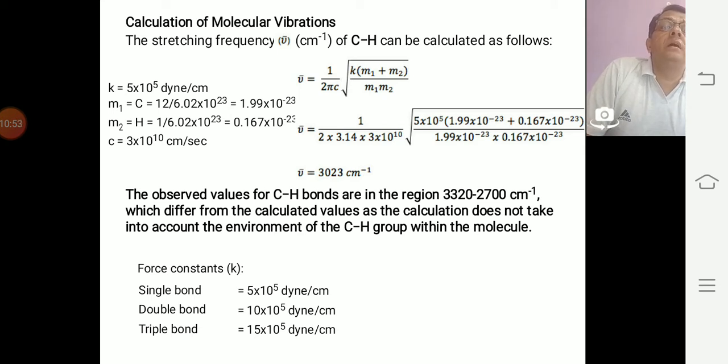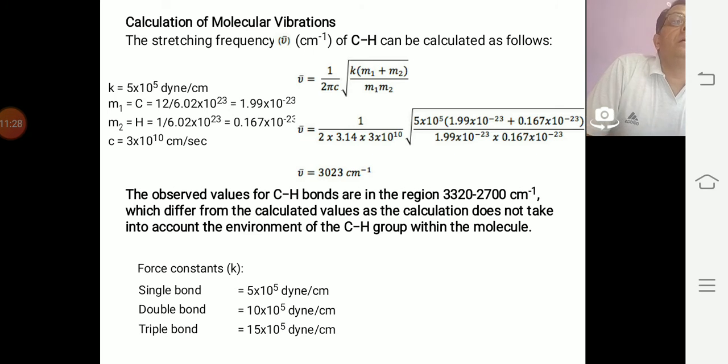M1, in the case of carbon, is 12 divided by Avogadro number, which equals 1.99 into 10 to the power minus 23 gram. For M2, hydrogen, the atomic mass is 1 divided by Avogadro number, giving the mass in grams. And c is the speed of light, 3 into 10 to the power 10 centimeters per second.